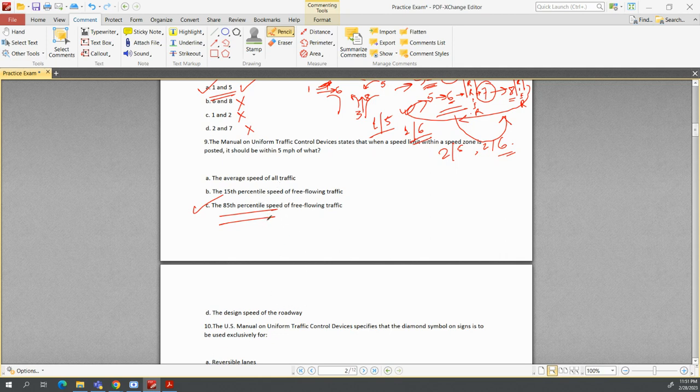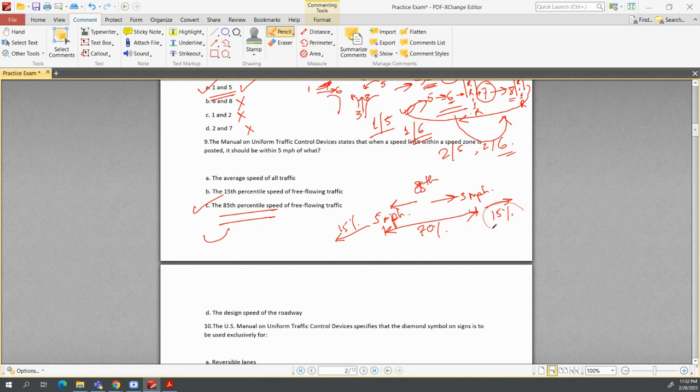So it has to be within 5 miles per hour of the 85th percentile speed because the majority of traffic, let's say 70% of the traffic, falls within this range. Whatever the 85th percentile speed is, if you go 5 miles per hour less and 5 miles per hour greater, in this range maximum traffic falls, around 70%, and the other 15% will be less than that, and the other 15% will be greater than that.